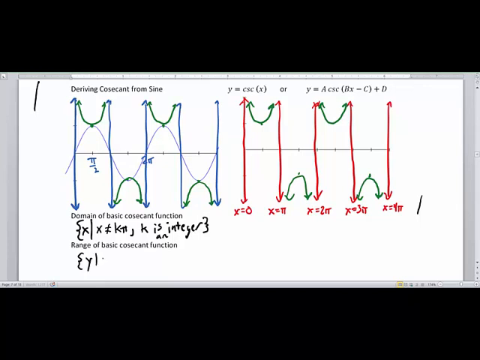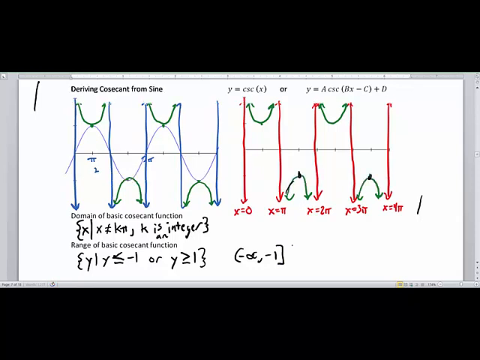So y, again, is going to be less than or equal to -1, or y is greater than or equal to 1. Now, we can do this in interval notation as well. We can go -infinity to -1 with a bracket, because we can actually connect to these -1 dots here.